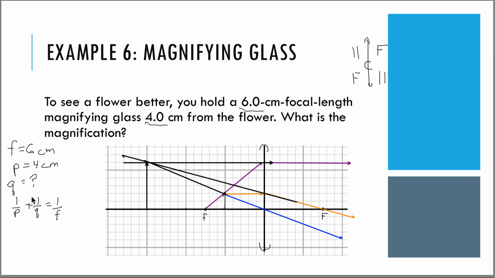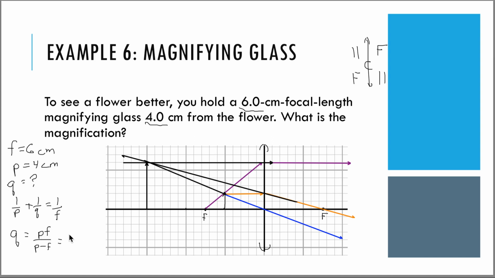And we've seen before that if we manipulate this equation to solve for q, go back to the mirror video and see the algebra done here, we're going to get p times f over p minus f when we get q by itself. So now we can go ahead and plug in the numbers, see what we get.